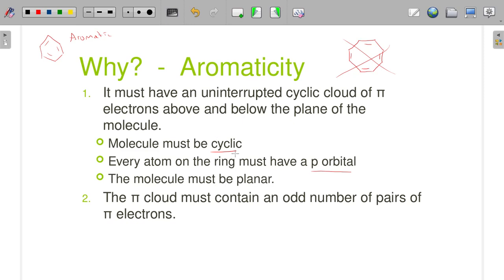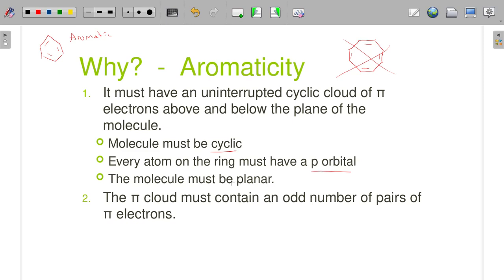And then if you've answered all 3 of these, and technically both these fit that category, this would be cyclic. P orbitals, because there's pi bonds, there's p orbitals on every single one of these. So both are cyclic with p orbitals, and could be planar. Well, that one definitely is planar, and we could have that 8-membered ring on a plane.